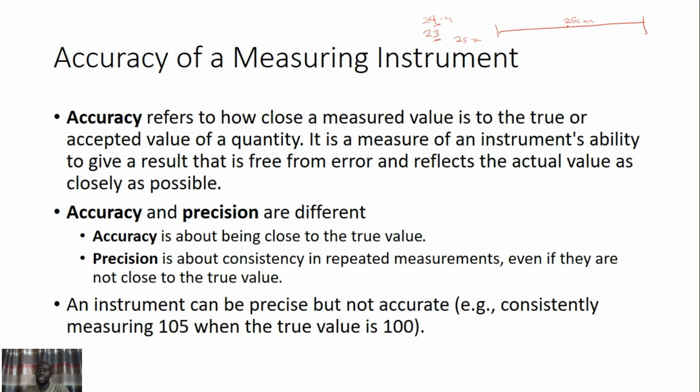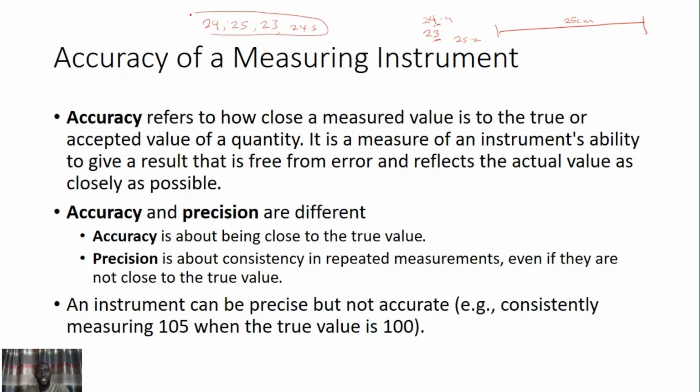Let's say we use an instrument to measure a distance and it gives us 24, 25, 23, 24.5. This is more precise.